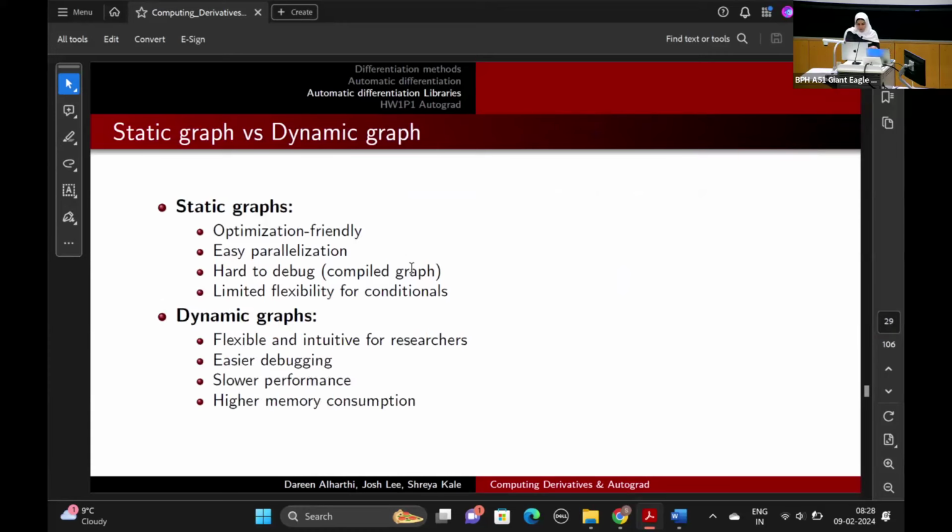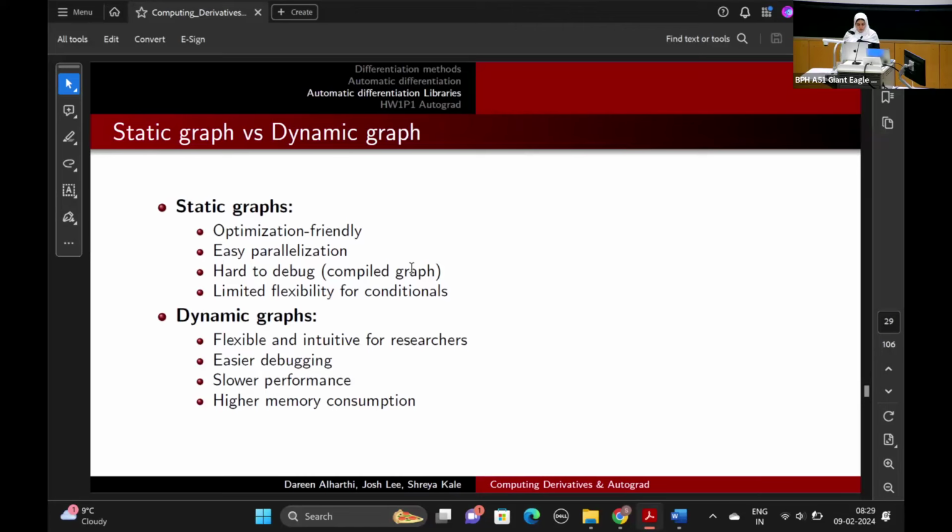The difference is that static computational graphs are defined once and executed multiple times. This means that the graph is defined entirely before the data is passed through it, and TensorFlow is an example of this. The dynamic computational graphs, on the other hand, are created on the fly during execution.